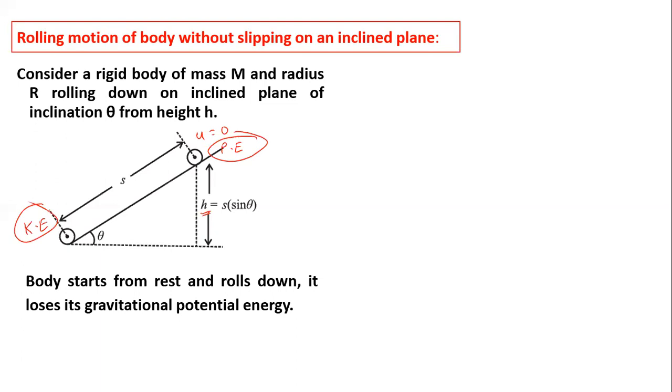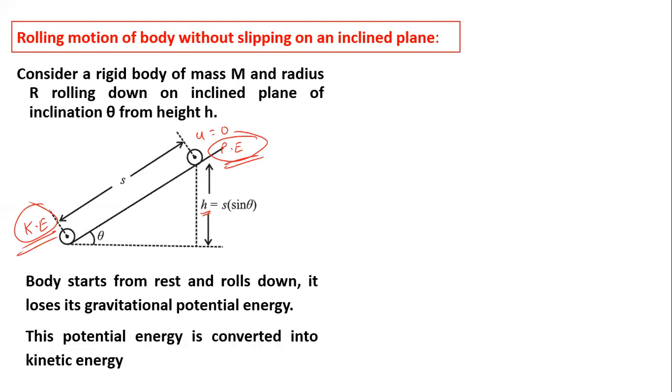So for this motion of the body, we can write loss of potential energy is equal to gain in kinetic energy, rolling kinetic energy. This is a very important statement.